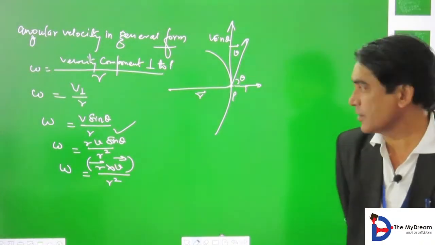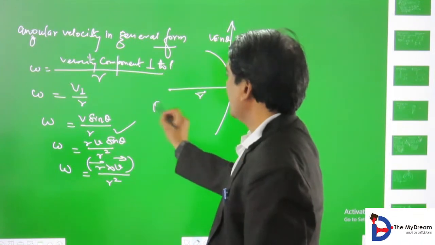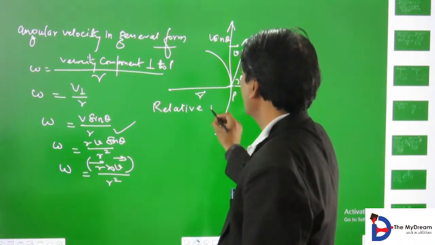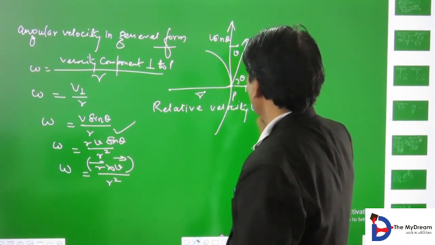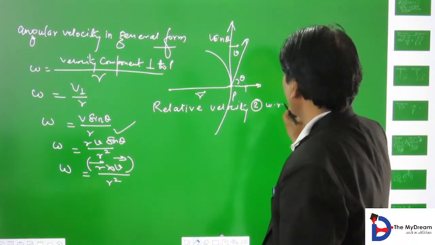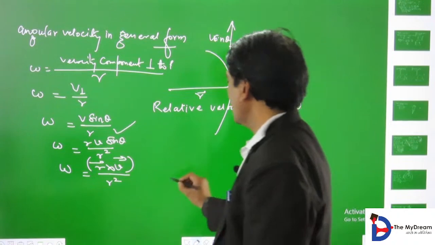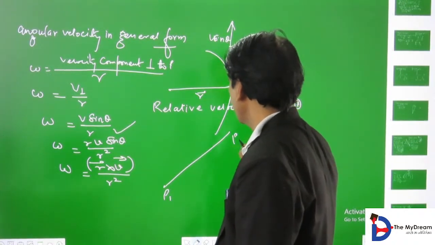Relative velocity. Let's move on to the second one: relative velocity of 2 with respect to 1. Suppose there is the presence of the two particles, say P1 and P2.